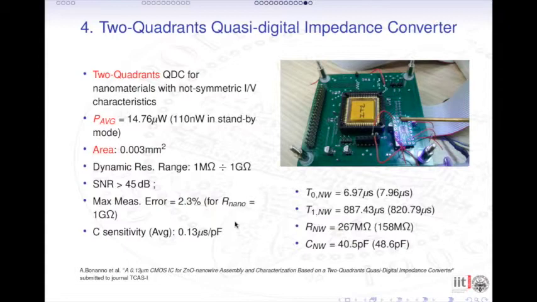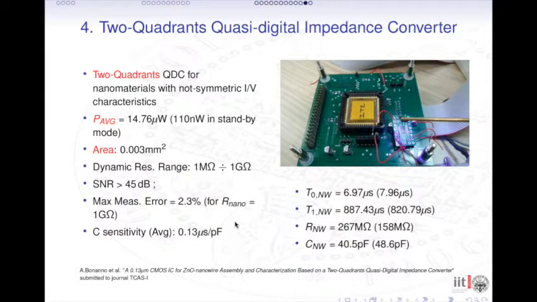This device is connected from an external pad to the internal readout circuit, and the final results show that with stimulation by a UV LED, we can measure a variation of time t0 and time t1 that corresponds to a variation of the resistance of the nanowire from 267 megohm to 158 megohm, and also the capacitance change.